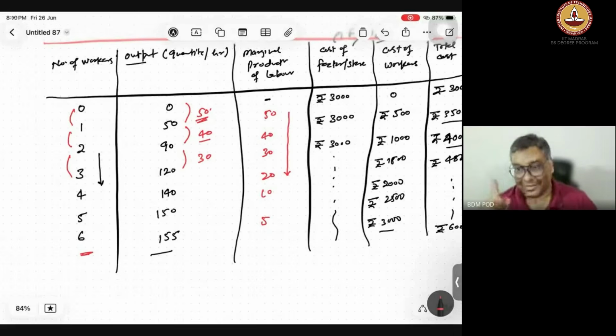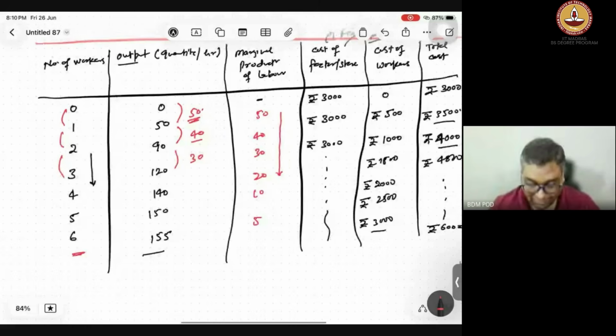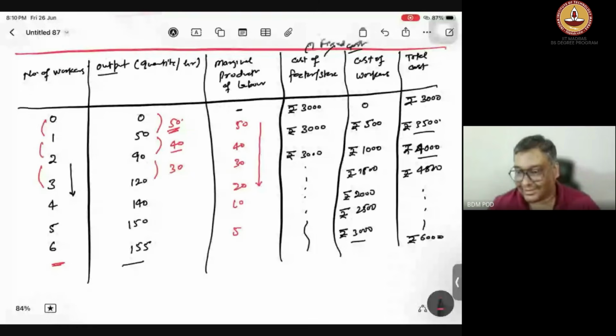This is a very important point. If anybody has any doubt, let me know right now. For producing any extra unit, the change happening in the output is called marginal production. I hope up to this point it's clear.